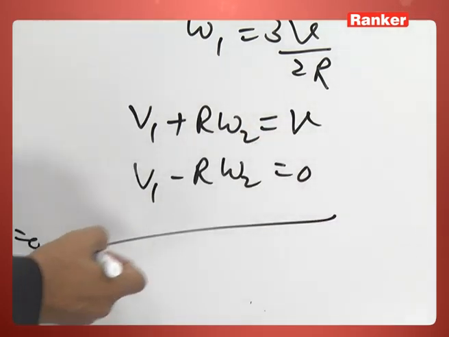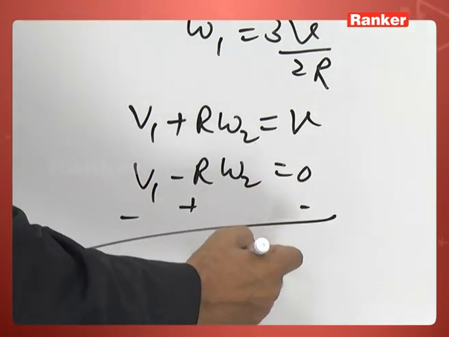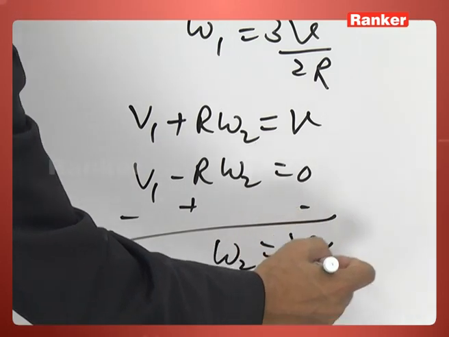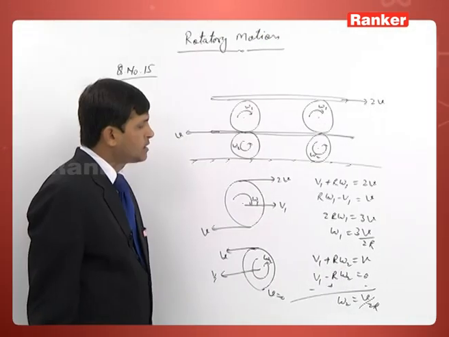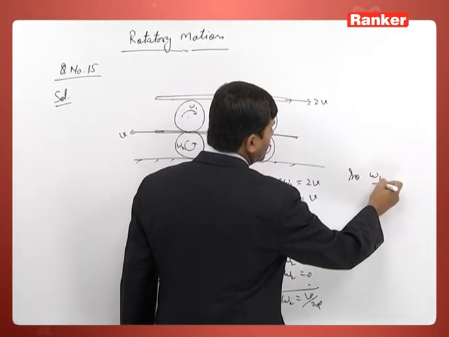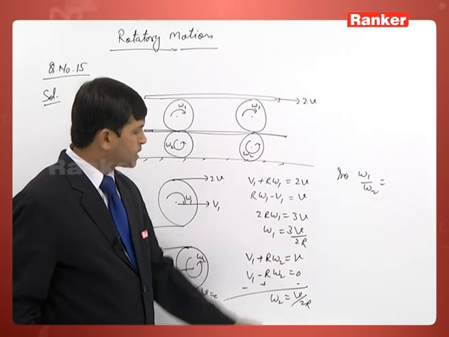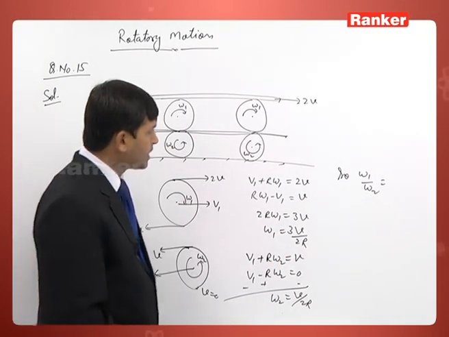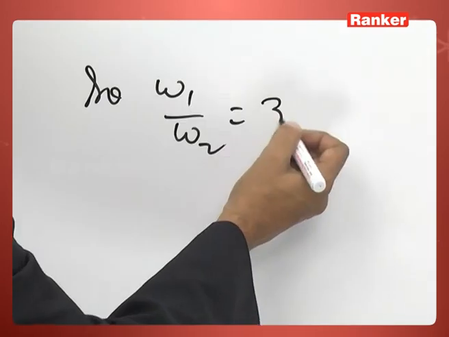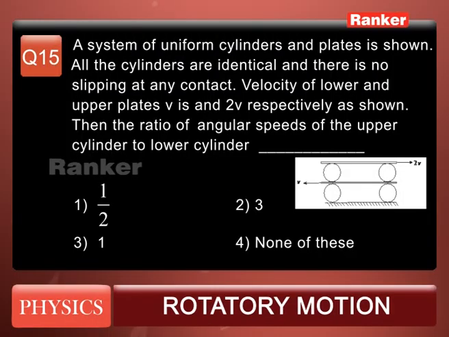Just subtract this, minus plus minus. So omega 2 we are getting as V by 2R. So omega 1 by omega 2 is 3V by 2R divided by V by 2R. So this is 3. So our correct option is option number 2. So this is question number 15.